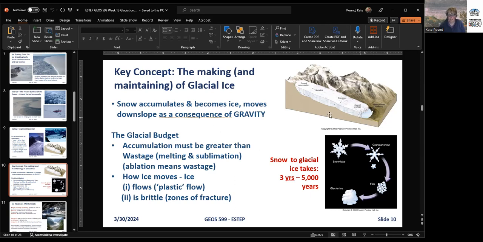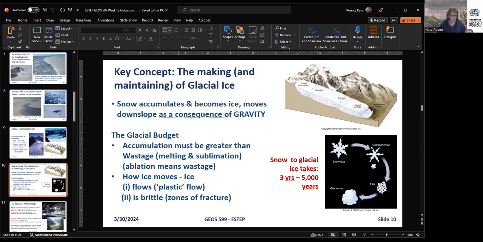So this leads us to considering something that's called the glacial budget. So this is basically about whether the ice front, that's the position of the ice in the down valley direction, stays where it is, moves back up valley, or moves down valley. So we'll come back to that in just a moment.